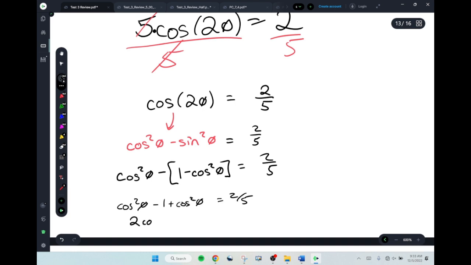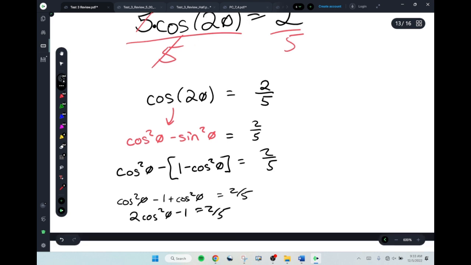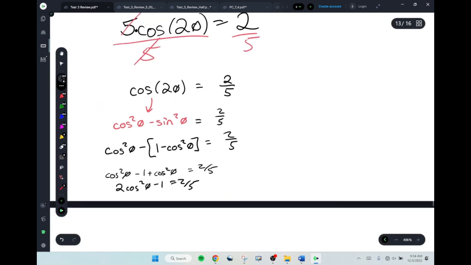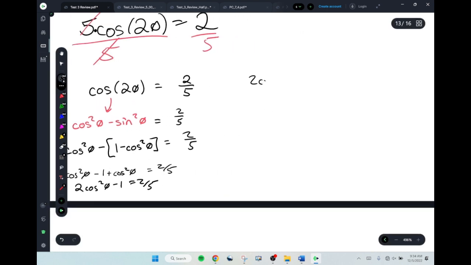So you get 2 cosine squared theta minus 1 equals 2 over 5. Now what? Plus the 1. So 2 cosine squared theta equals 7 over 5. Divide by 2. Cosine squared theta equals 7 over 10.